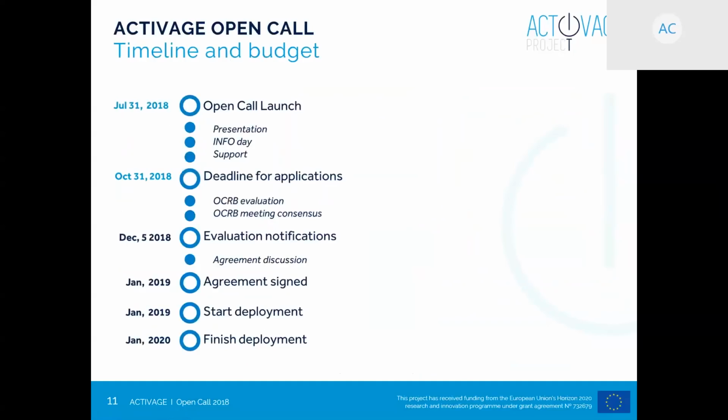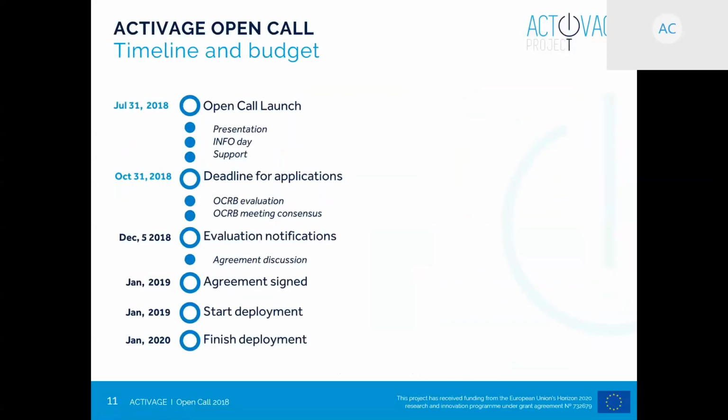The timeline of the ACTIVAGE Open Call was launched in July, and the deadline for applications will be 31st of October. After that, we will have a period of 1 month, more or less, for the evaluation of all the proposals. And we will have a final list of the winners and a score of all the proposals.